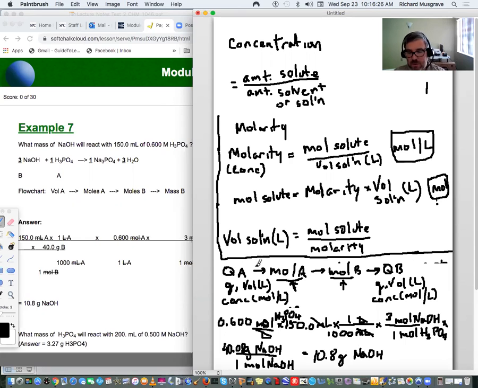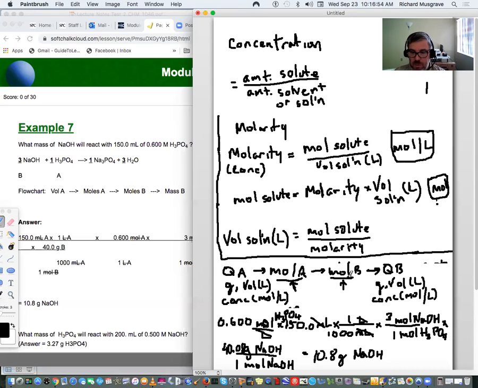So again, it's just stepping through the flow chart here. We start out with our quantities, and it's always moles that we're looking for first. So generally you'll have a molarity, you'll have a volume, you multiply them together. You'll do a conversion on the fly to get the milliliters into liters, and then everything cancels and you would have moles at this point, moles of H3PO4.